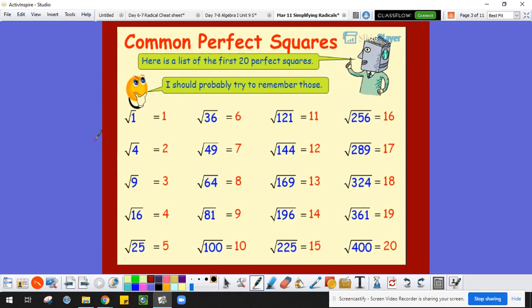These are the common perfect squares all the way from 1 times 1, which is 1, 2 times 2, square root of 4 is 2, 3 times 3, square root of 9 is 3, all the way up to 20 times 20, the square root of 400 is 20. You may want to pause the video and write these down. These are some things that we are going to refer to a lot.